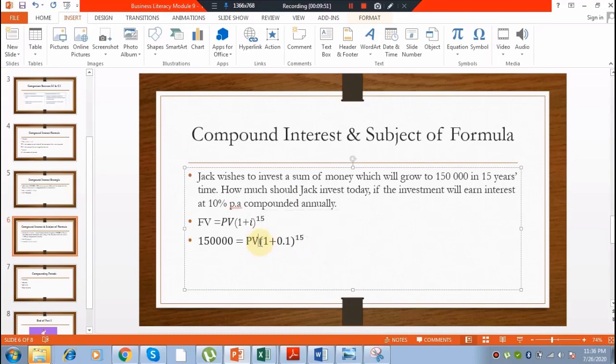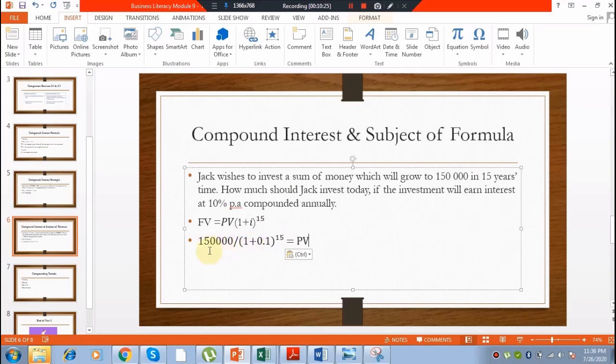Divided here by that amount, so the present value will be looking like something of this sort, right?